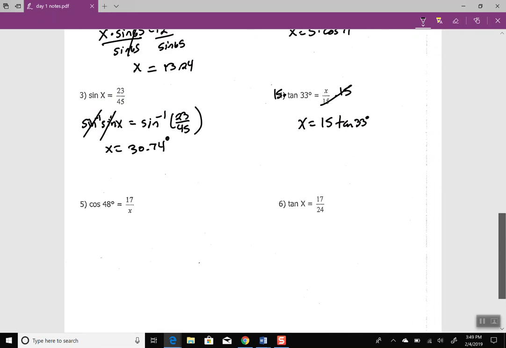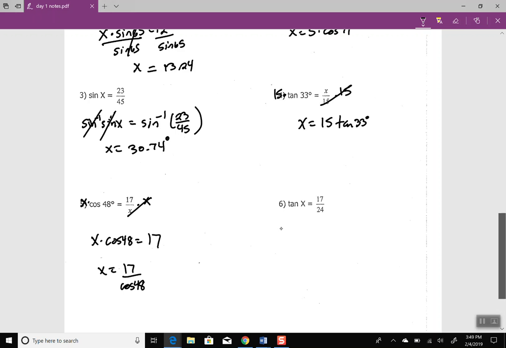All right, and last two, again, solve for x. Multiply both sides by x. That cancels. X times cosine of 48 degrees equals 17. Divide both sides by cosine of 48. Plug it in on the calculator and get your answer. You're solving for the angle, so to get the angle by itself, you have to undo the function.